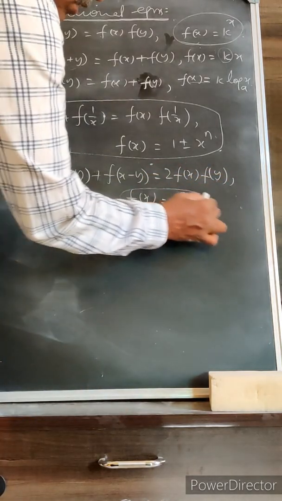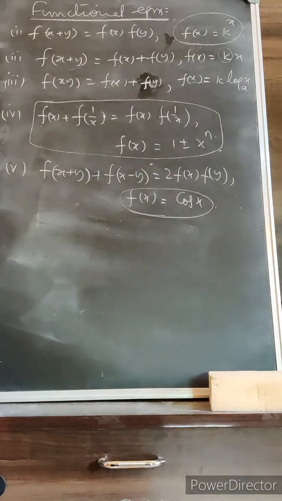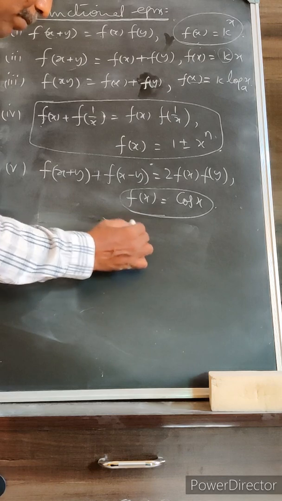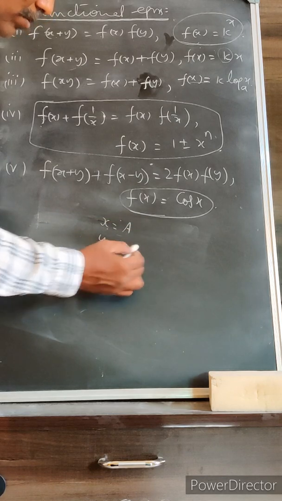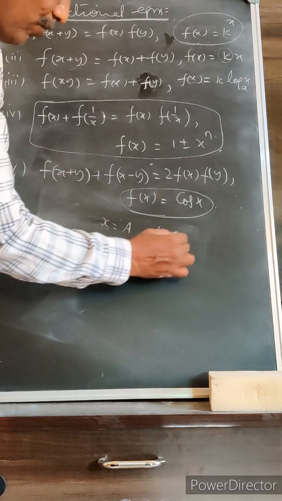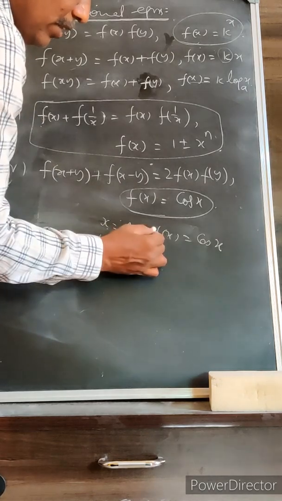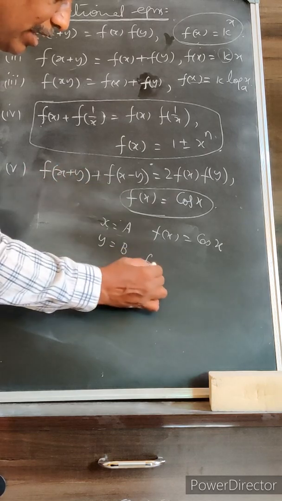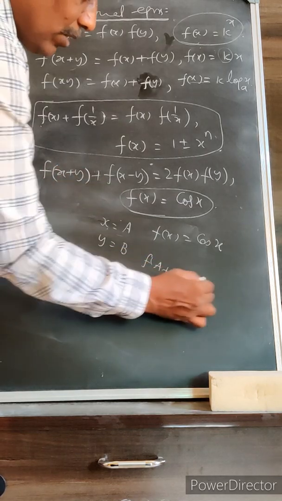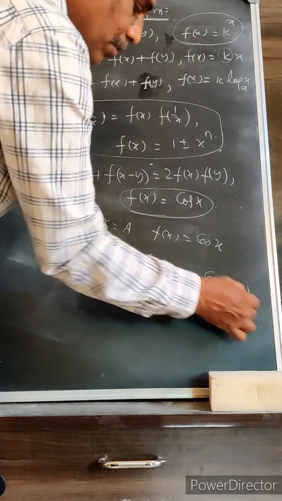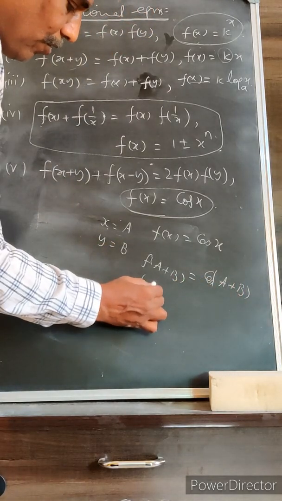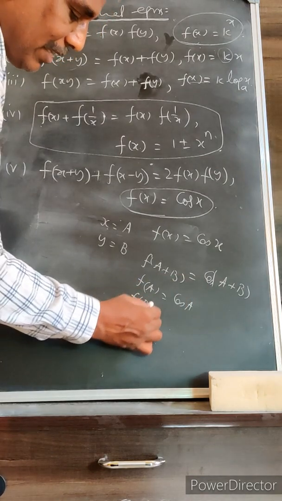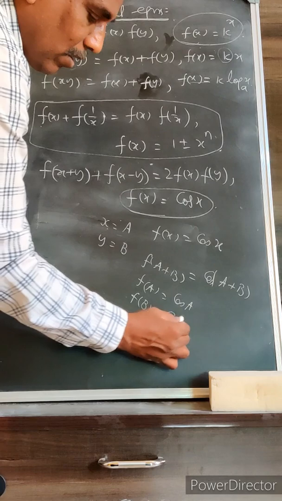Then the function should be of the form cos x. For example, if x is a, y is b, then the function is f of x equal to cos x, and f of a plus b is equal to cos of a plus b, f of a is cos a, and f of b is cos b.